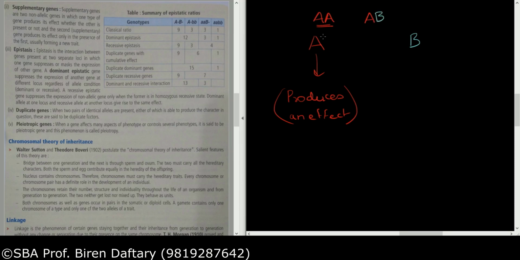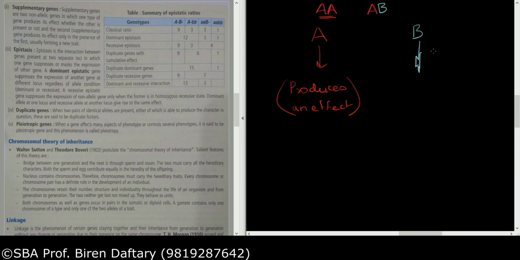So this gene is independent, it can function with or without the other gene. However, this gene B can produce its effect only when it is present with A. If I write the genotype capital B alone, then this cannot produce an effect. Are you getting my point? Are you getting what I'm trying to say?